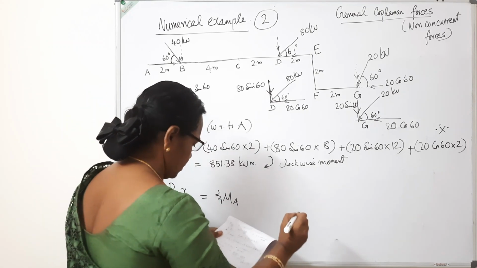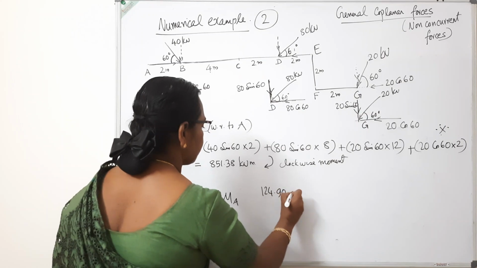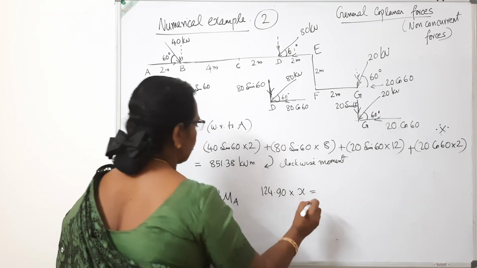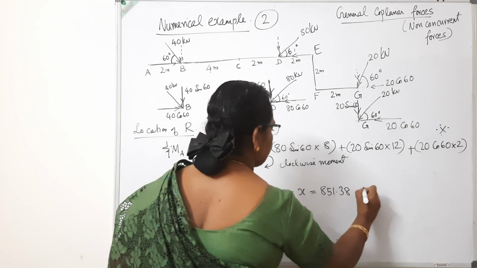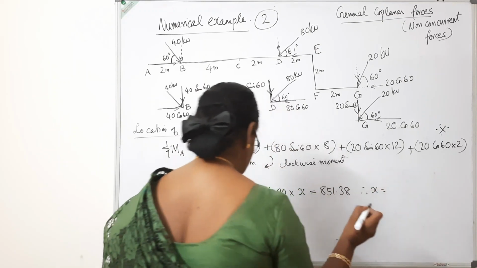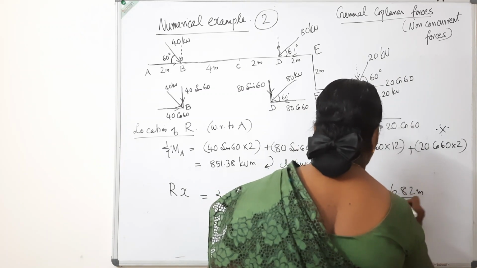That is, the resultant was 124.9 into X is equal to 851.38. Therefore, we will get X is equal to 6.82 meter.